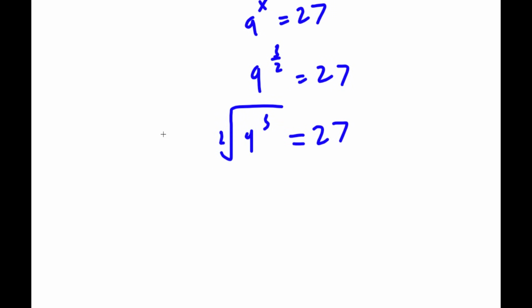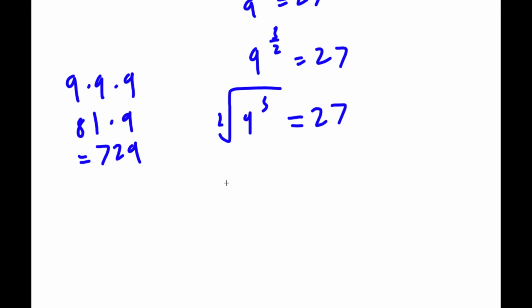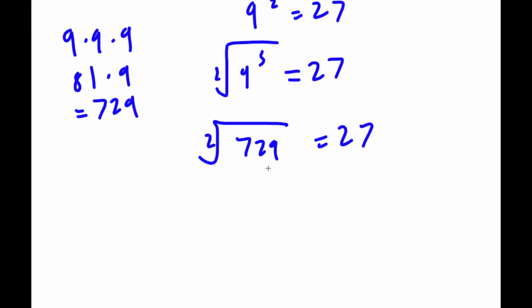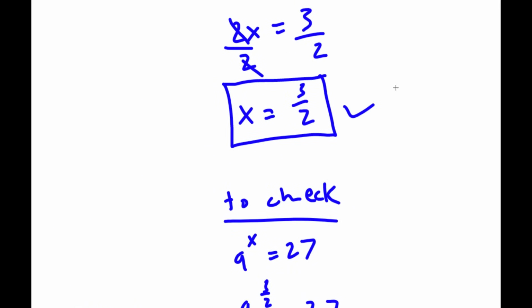Now 9 to the power of 3 is 9 times 9 times 9. 9 times 9 is 81, so 81 times 9 is equal to 729. So now I have the square root of 729 is equal to 27, and the square root of 729 is 27. So 27 is equal to 27, because this is right, our solution is right.